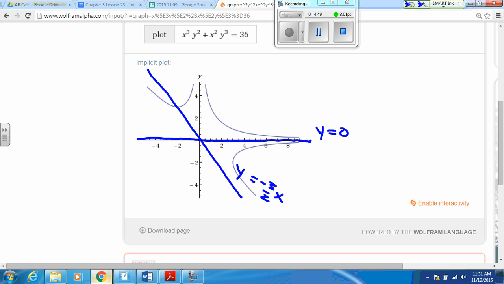I do not yet know what the x value is, so I'm going to have to come back and plug in for x for y in order to determine those x values. Does that make sense?